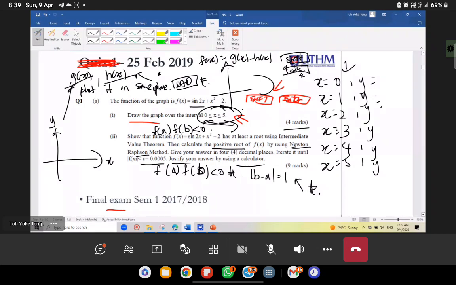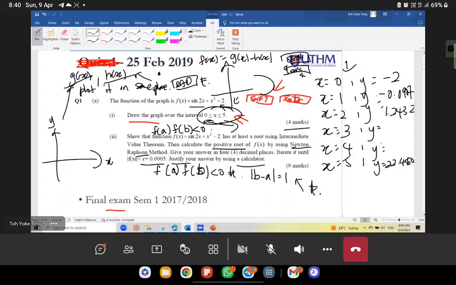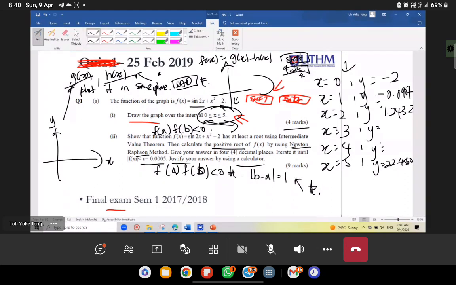So the first thing here, try to plot the graph. So from here, you insert this equation into a calculator, you may get the values of the function as -2, -0.0907, 1.2432, 6.7206, 14.9894, and 22.4560.